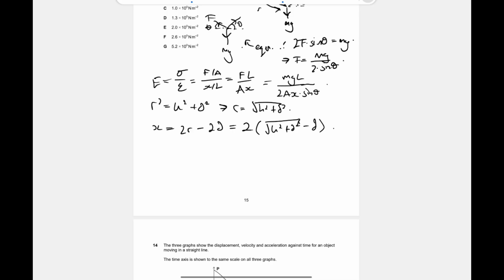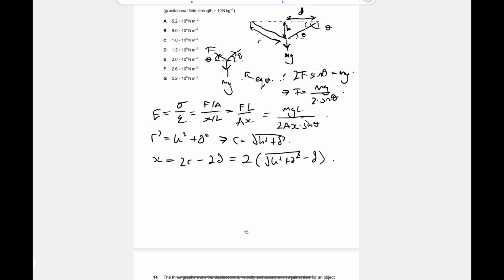Let's think about what sine theta is going to be. From this triangle, we can see that sine theta is going to be h over r.